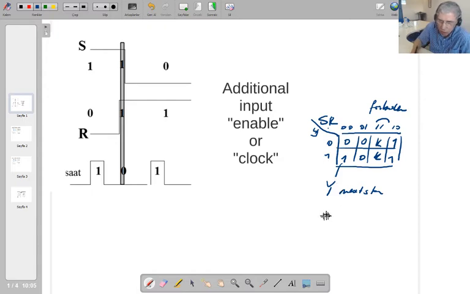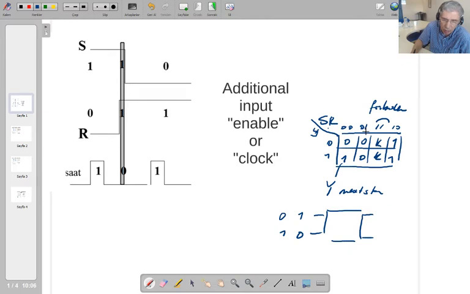Assume that you have this SR memory element and you are applying 1, 0 and then 0, 1. These two are acceptable, aren't they? 1, 0 is not forbidden, and this input, 0, 1, also is not forbidden.